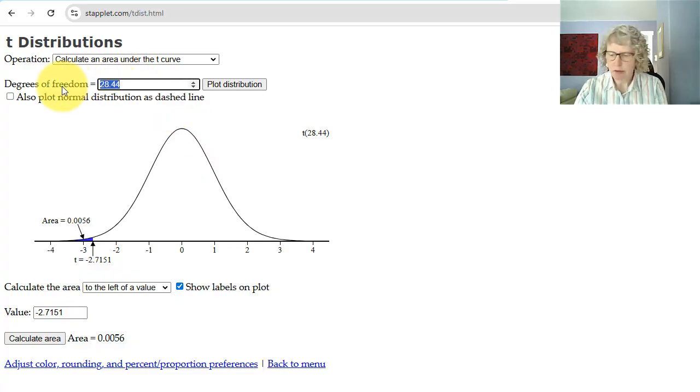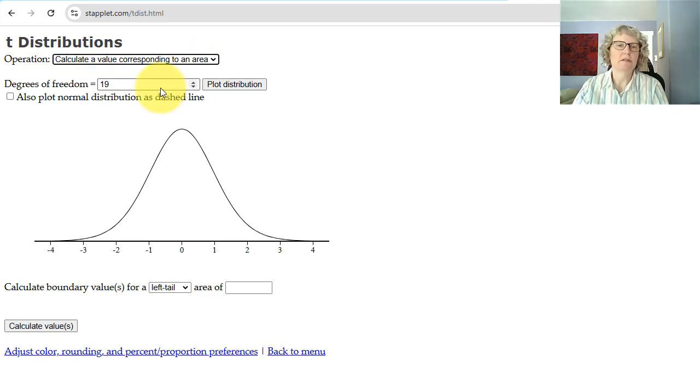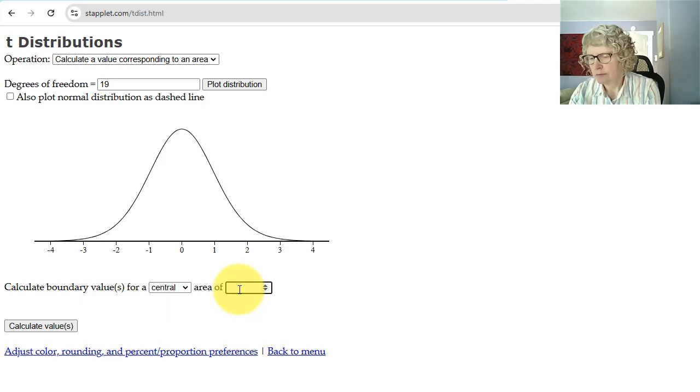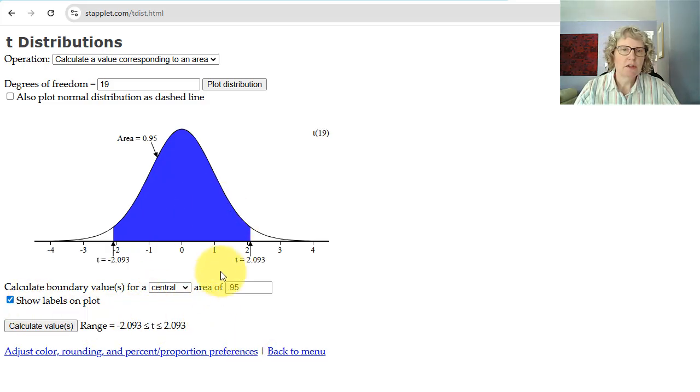It's a bummer because I got to put it back to 19, but also we're switching to value, right? Because the t star is a value. And central 0.95. Okay, to get the middle 95%, we need to go out 2.093 standard errors.